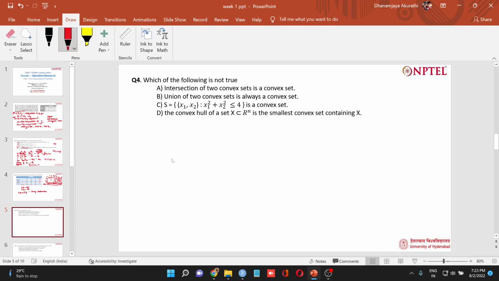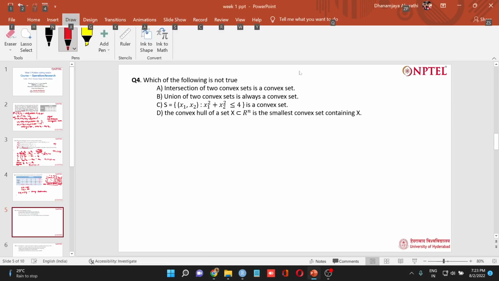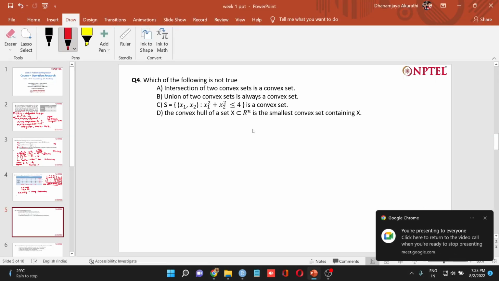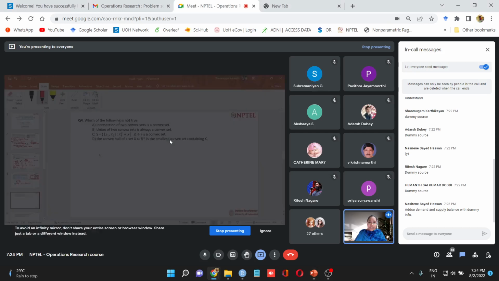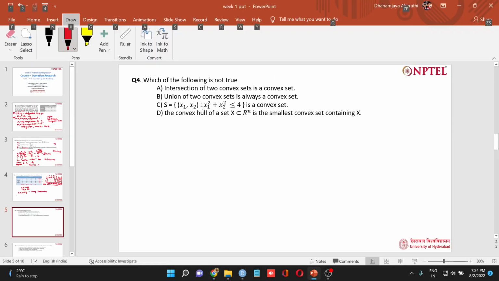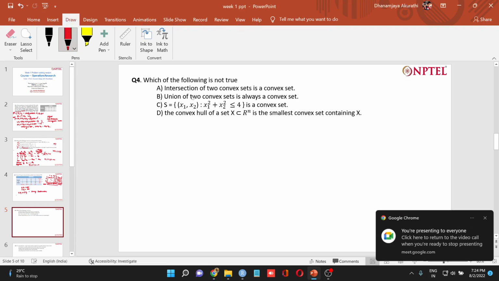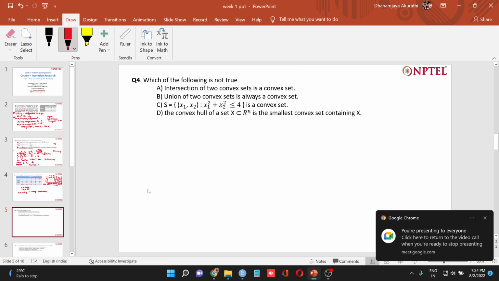What is the definition of a convex set? A convex set means that from a set, if you take any 2 points and make a line segment, and that line segment is also contained in the same set, then we can say that set is a convex set. Here they are saying the intersection of two convex sets is convex.